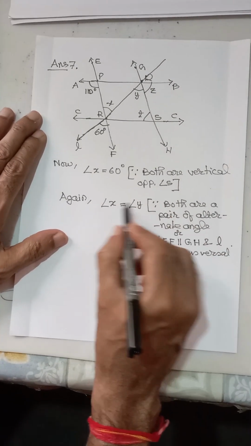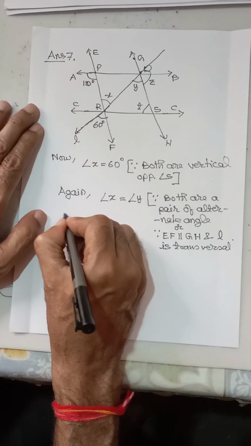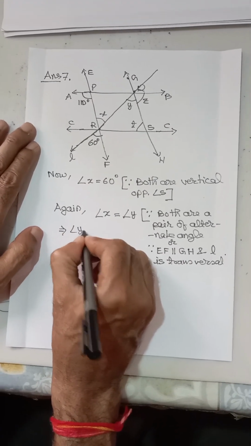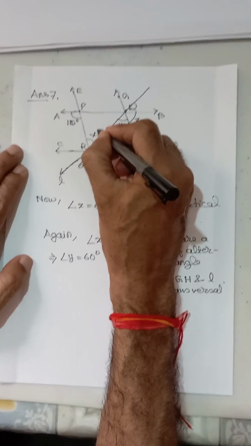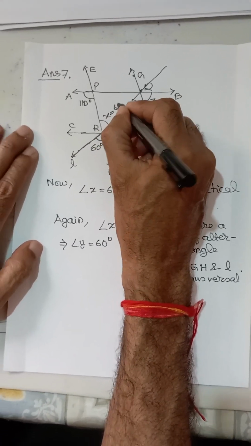So both the alternate angles are equal. This implies angle Y is equal to 60 degree. So we have got the value of angle X and angle Y.